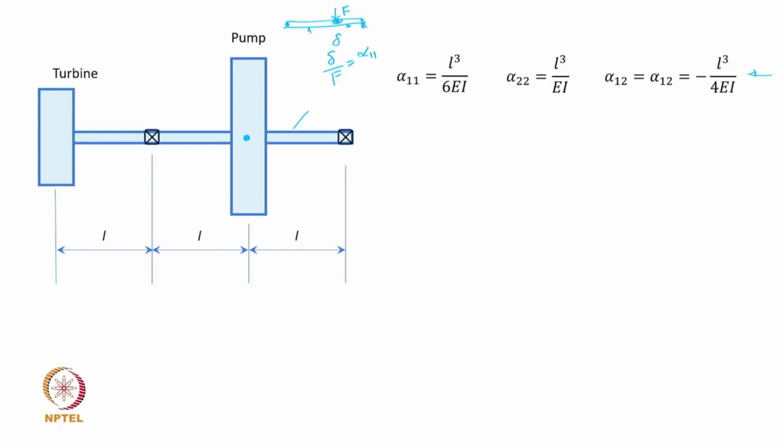So, instead of complicating things, we say one of these discs is perfectly balanced. Maybe you can consider the pump to be fully balanced and the turbine has some residual unbalance. That unbalance is going to create a lateral force which is going to be m e omega square cos omega t. So, that is basically your F cos omega t as the excitation force on this disc, right.